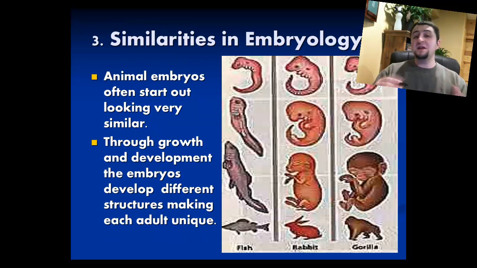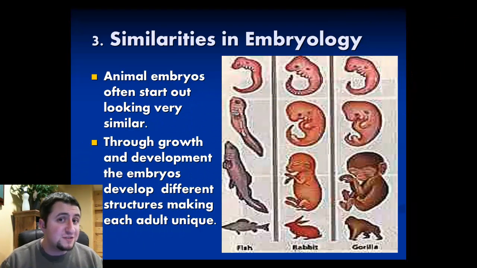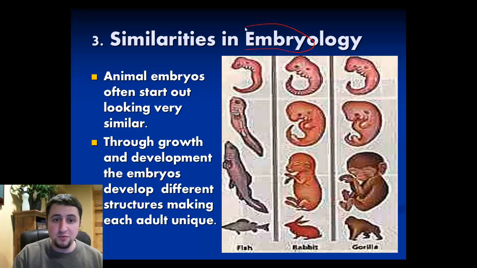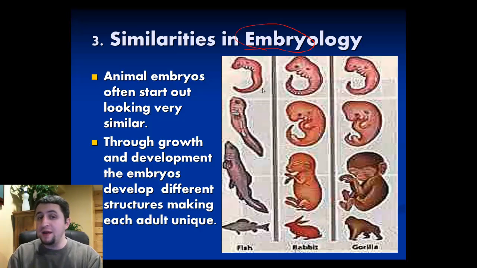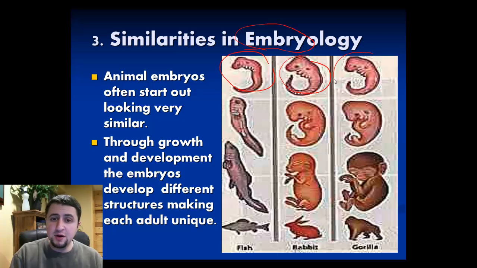And finally, another thing that supports the evidence for evolution is the similarities within embryos. A root word here in embryology is embryo. If we take a look at the similarities between a fish, a rabbit, and a gorilla, more specifically, if we take a look here at what I'm circling, the embryos.